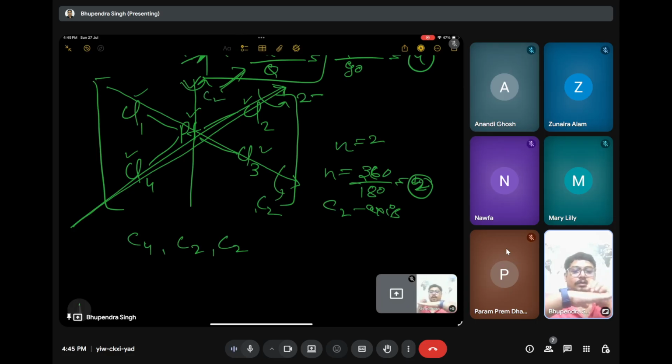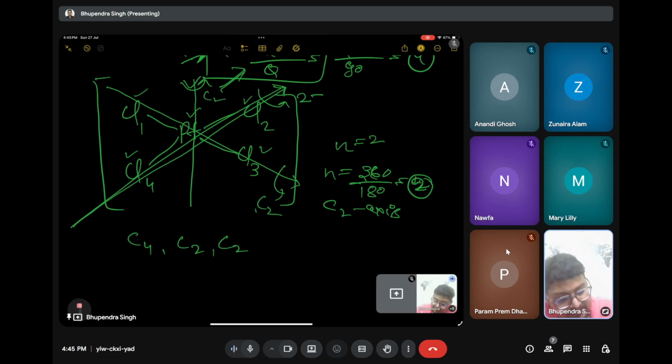Now let's change this axis from here to here. You will do it like this, or if this is the axis, it will be like this. So you are basically changing your molecule by 180 degrees.